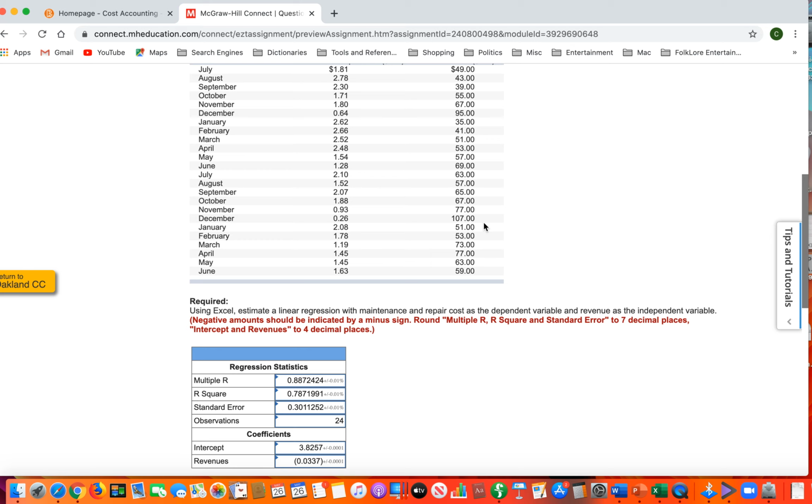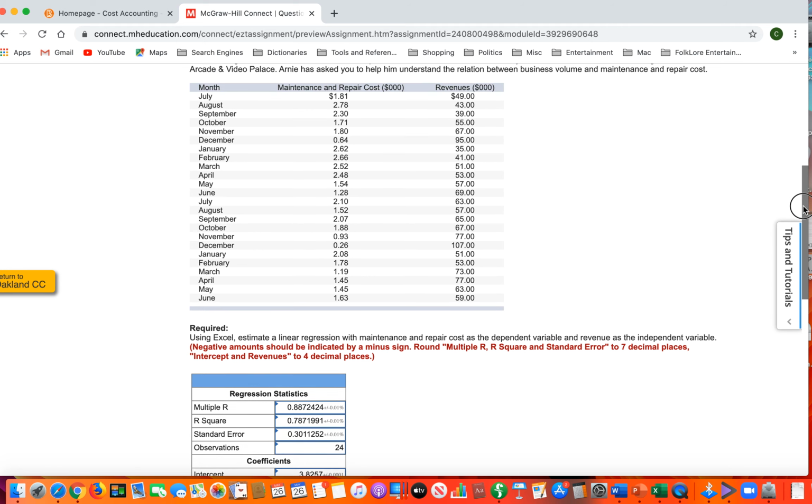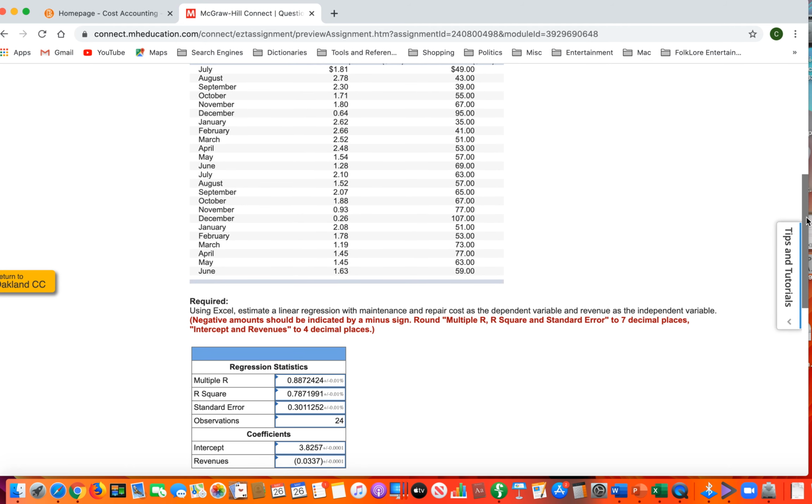Let's do a couple of examples, then I'll let you go. Let's take 107 as revenue. Okay, so we're going to say, take a calculator, we're going to have our intercept, which is A. Write this down, y equals 3.8257 plus, in parentheses, a negative 0.0337 times 107.